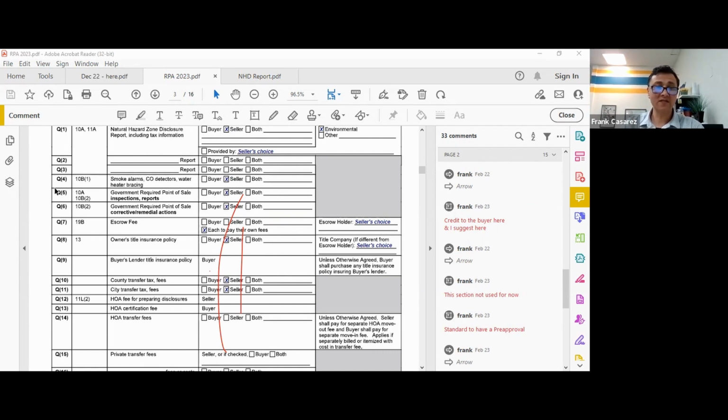This one, sometimes agents get a little confused here. Q5 and Q6. Government required point of sale inspections and reports. Now, one of the agents I coach, they've been in the business going on 17 years. And today we had this very conversation because they have a property listed in escrow and it's got an HOA.